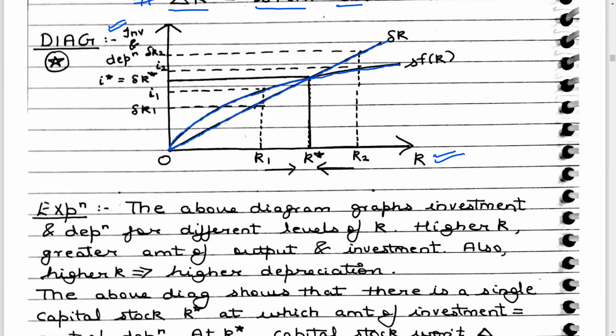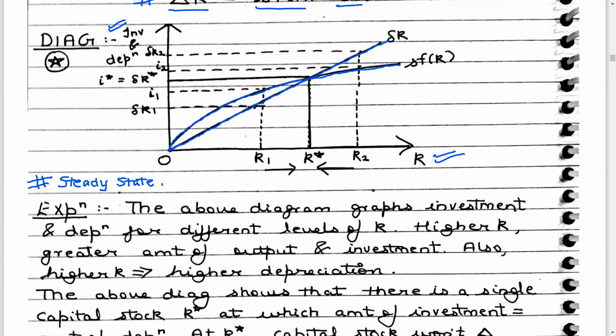You can clearly see now we are looking at what is meant by steady state. So this diagram will be useful in explaining to you the concept of steady state as explained by Solow. So steady state is defined as that state in which your change in capital stock is equal to 0.